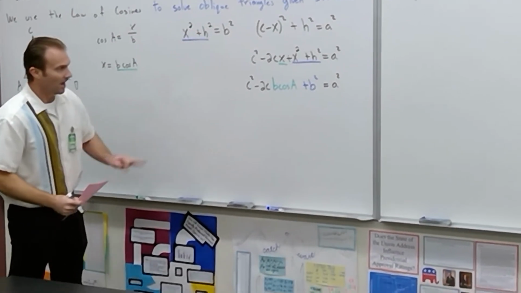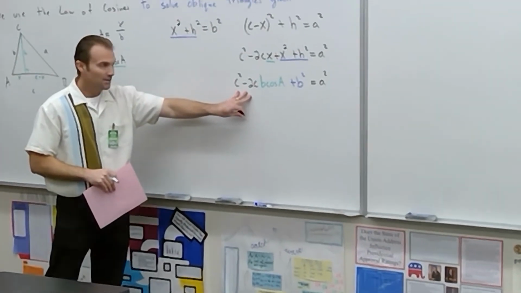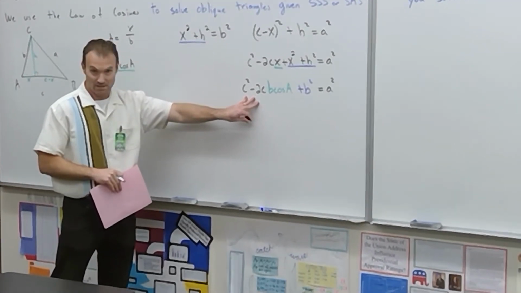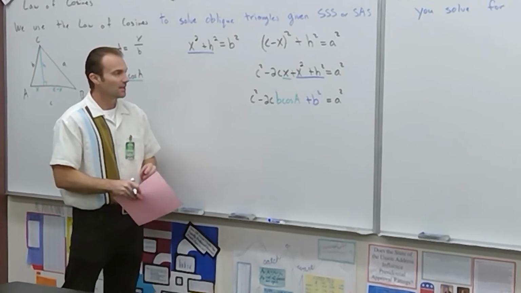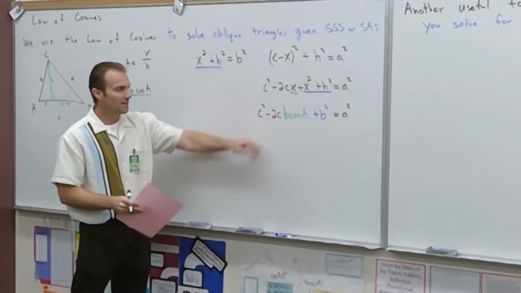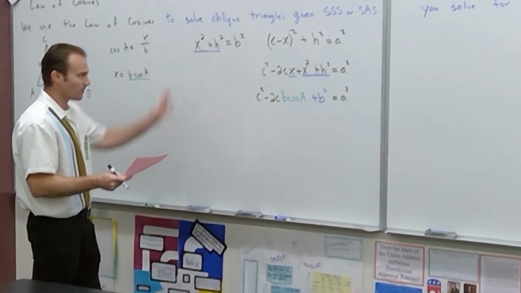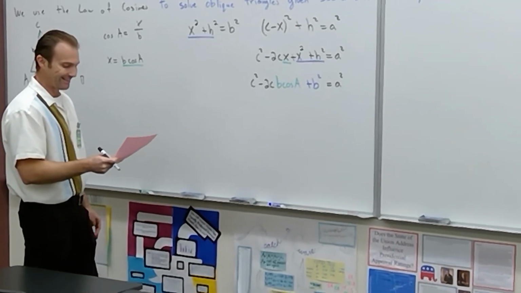I now have a statement that is only using a's, b's, and c's. So I used some right triangle trig to create this new setup, and I'm just going to rewrite it in a cleaner manner.